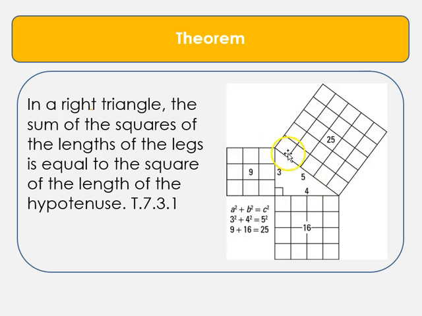And the way that they prove that is to align these squares next to them, and you see that each square is the length of the leg or the length of the hypotenuse squared. So 3 squared is 9 squares, 5 squared is 25 squares, 4 squared is 16 squares.